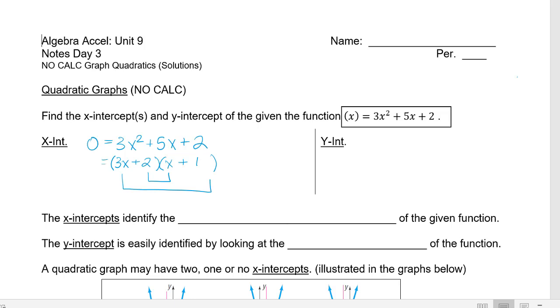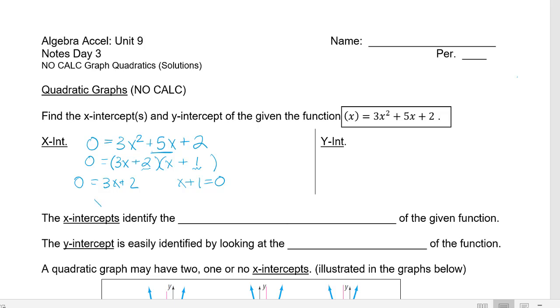Okay, so now that we have factored this correctly, right, just testing our outers and inners, our inners add to the 5x, and then our two numbers, 1 and 2, multiply to 2. We know we factored correctly, so we'll set each of those parentheses equal to 0 and solve. So we get 3x plus 2 equals 0, and then x plus 1 is equal to 0.